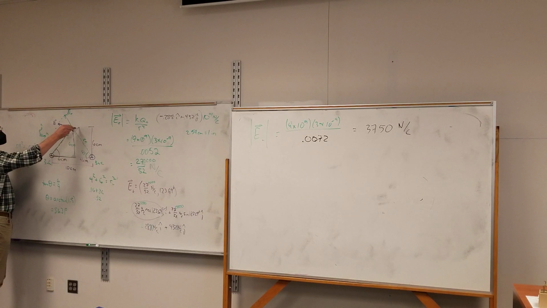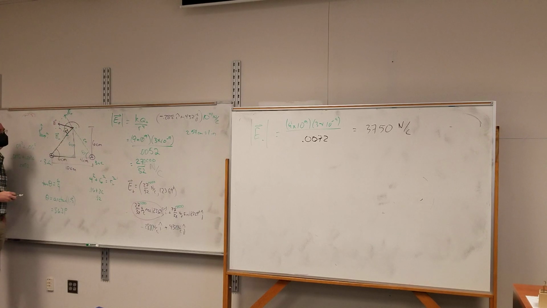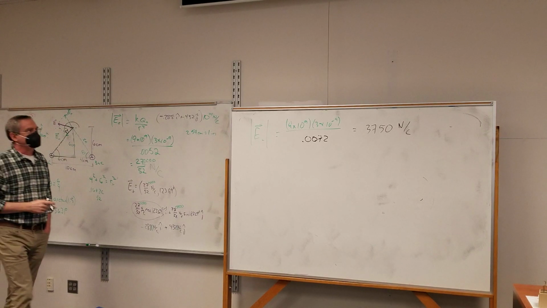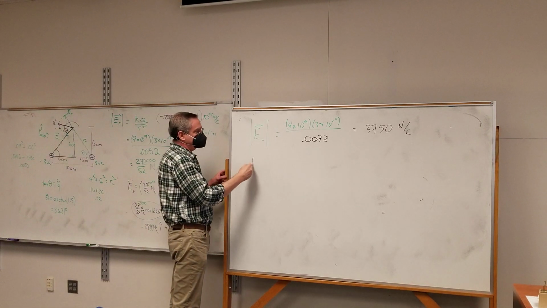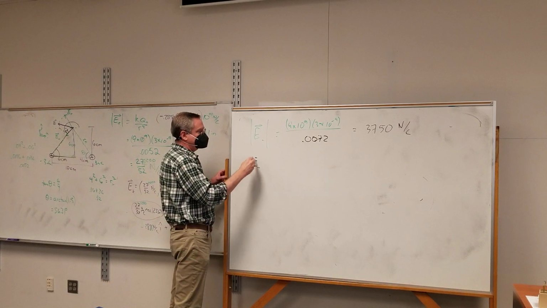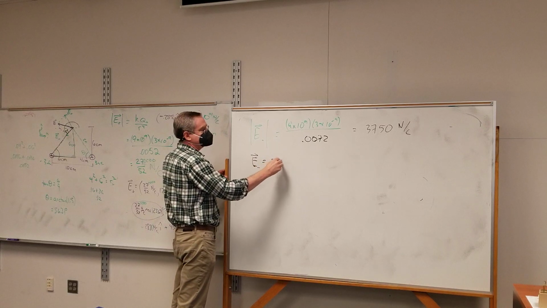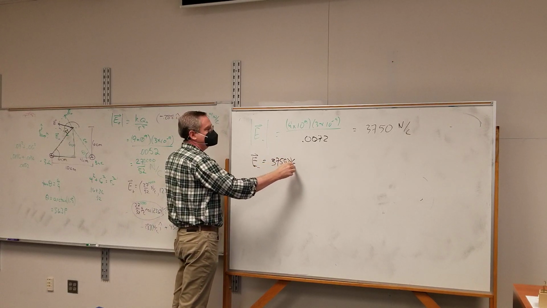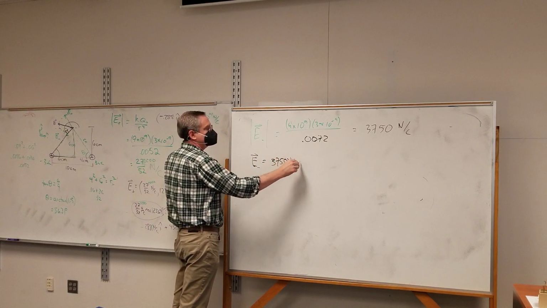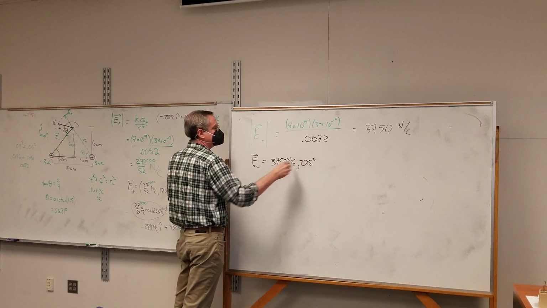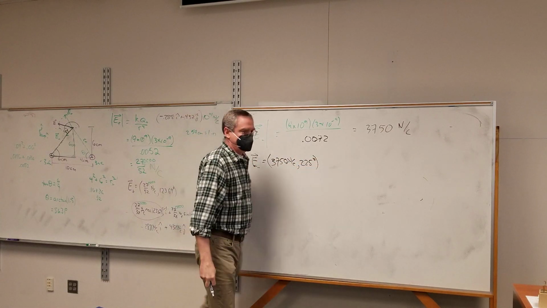So if I want to put this in polar form, I need that angle, so 225. So my E negative is equal to 3,750 newtons per coulomb at 225 degrees. That's polar form.